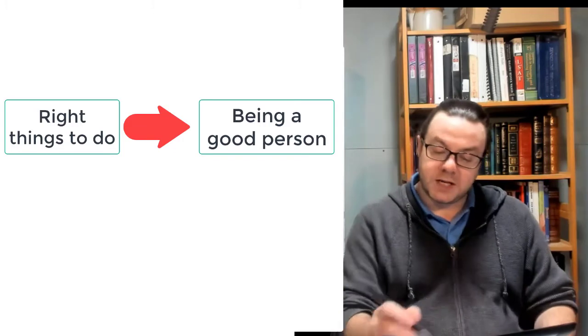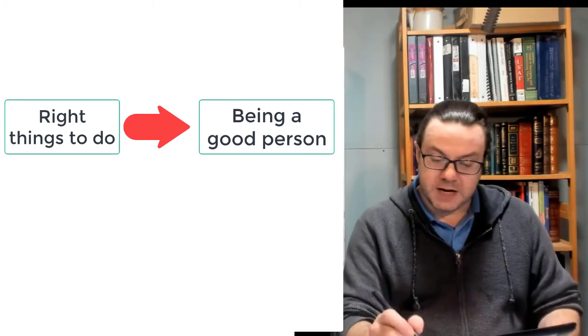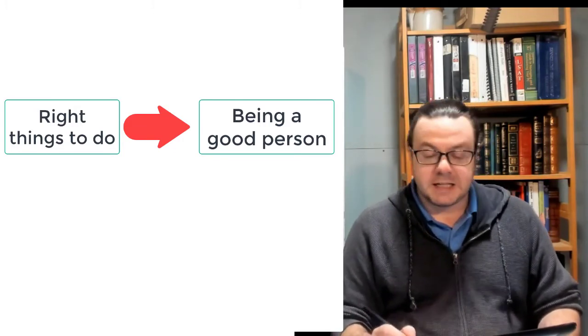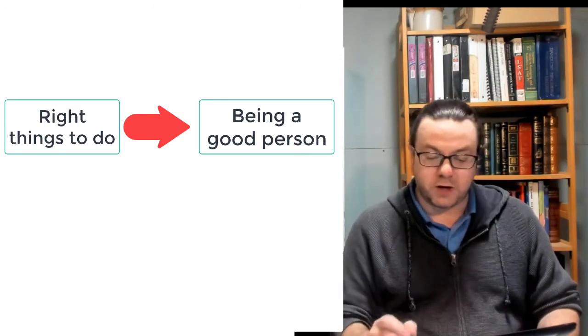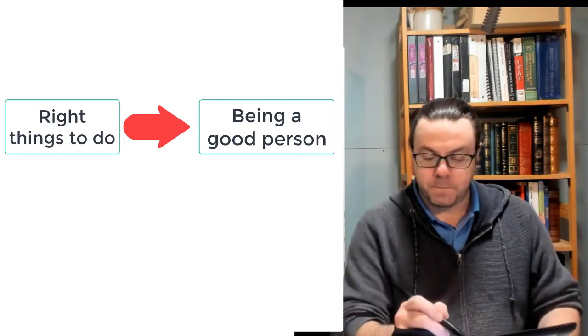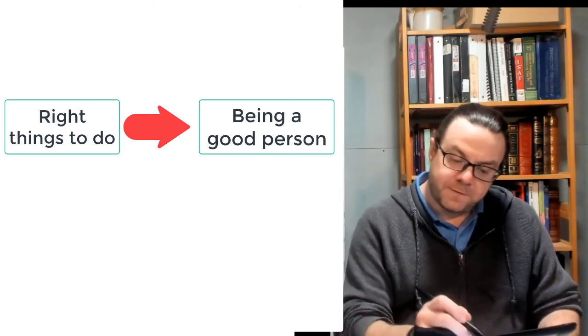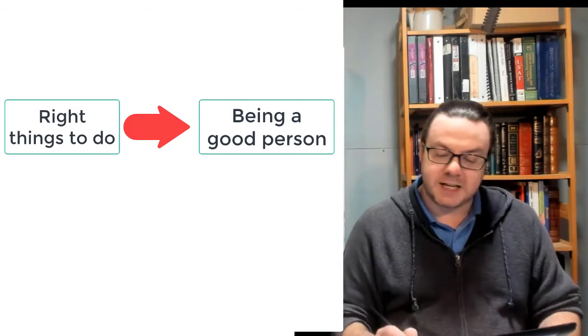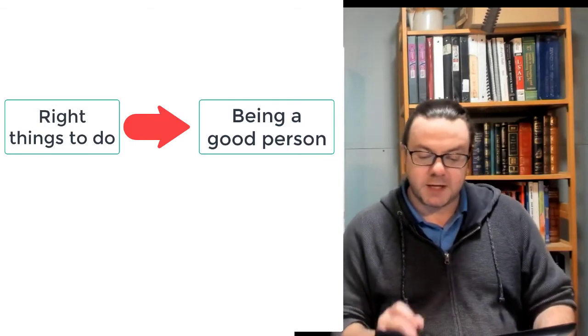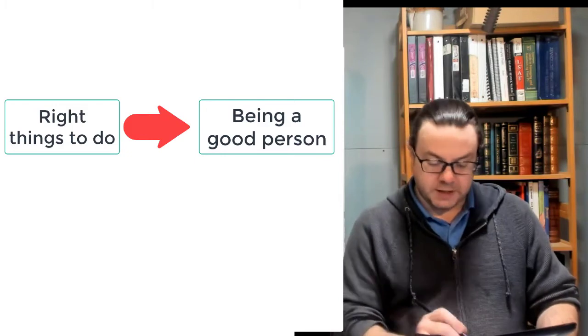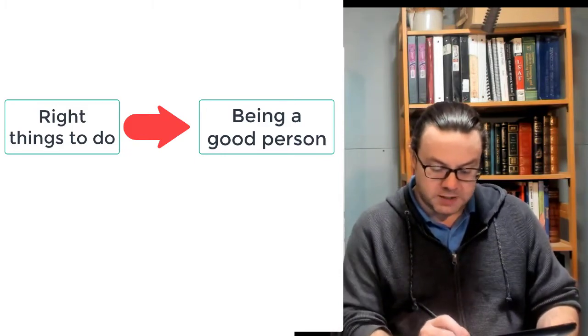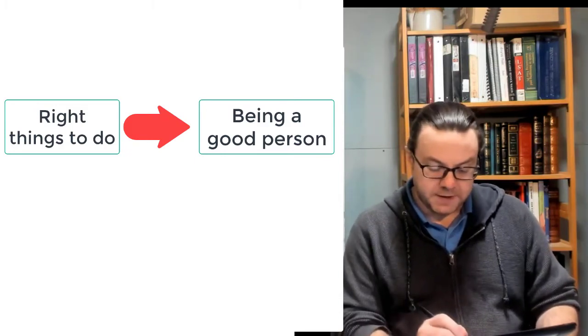So what is a good person? The answer is someone who does the right thing. First we understand doing the right thing, and then we can understand being a good person, derivatively.